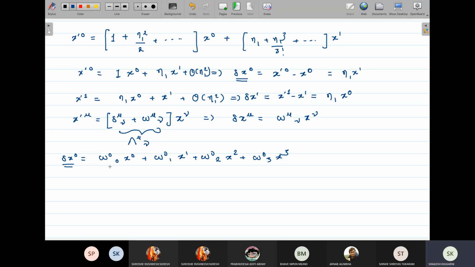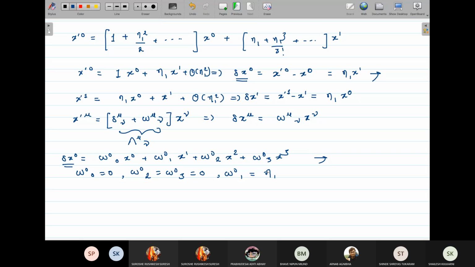What will be omega 0 0? From this it will be clear that omega 0 0 is 0. Then omega 0 2 and omega 0 3 are also 0. You compare this equation and this equation. The coefficient of x1 will survive, that is omega 0 1, so omega 0 1 will be eta 1.